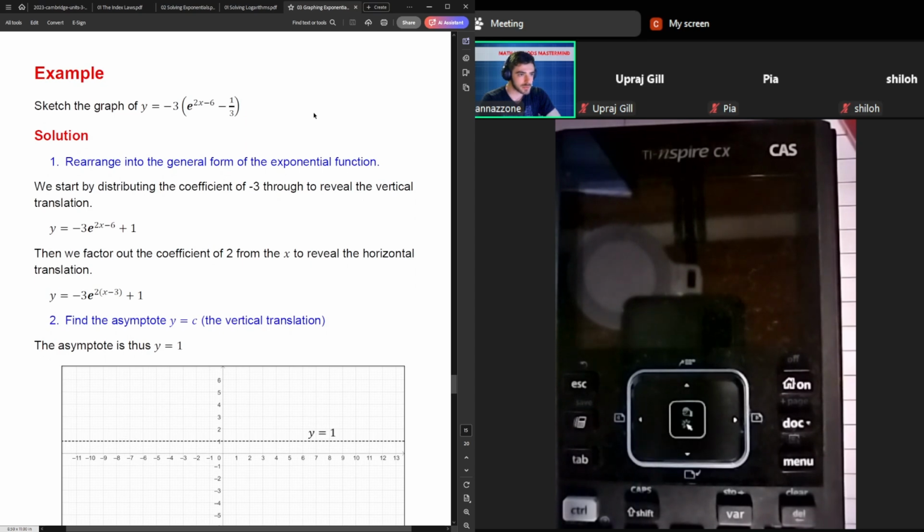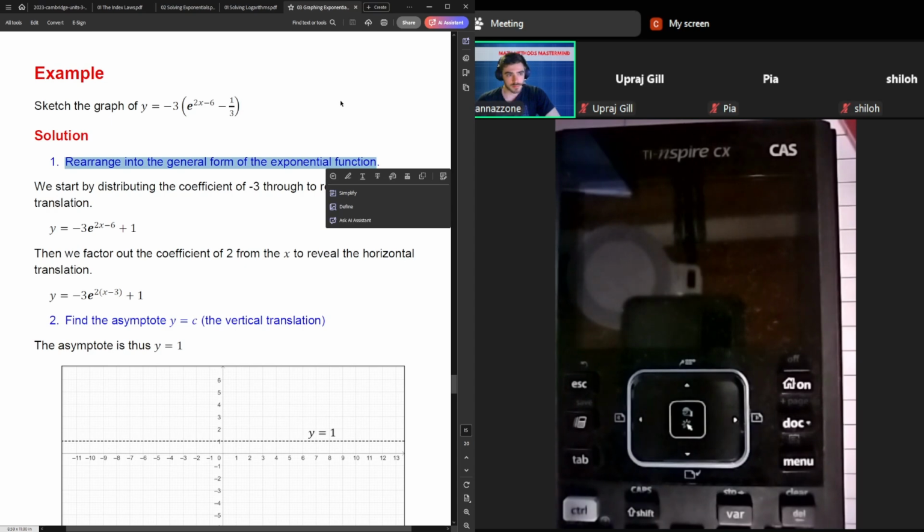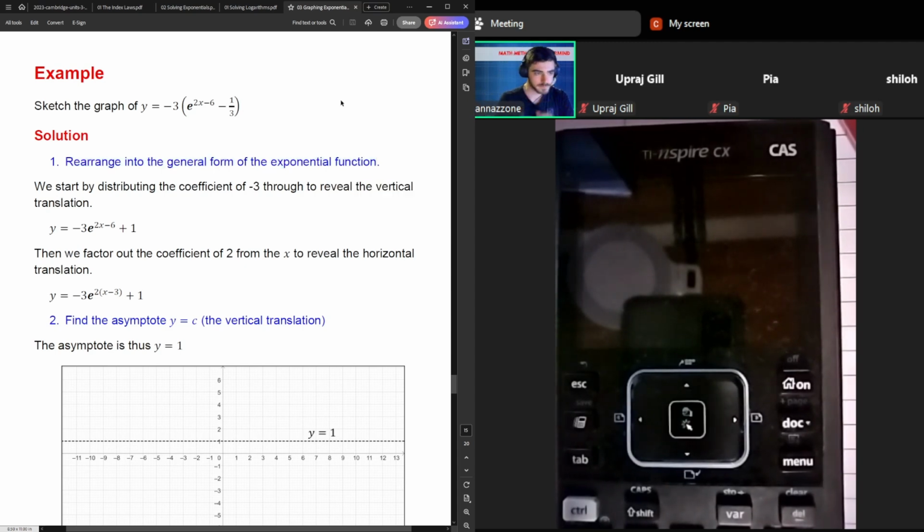So the way we handle all functions is we start by trying to get them into their general form, or you could consider it their transformed state. The reason why is because we want to understand what all the key features are. Like, are they translations? Are they dilations? What kind of stuff are we dealing with? So, a couple of things we have to do.